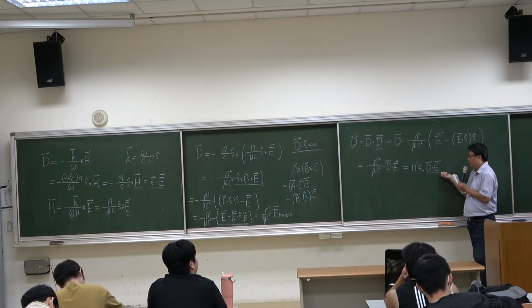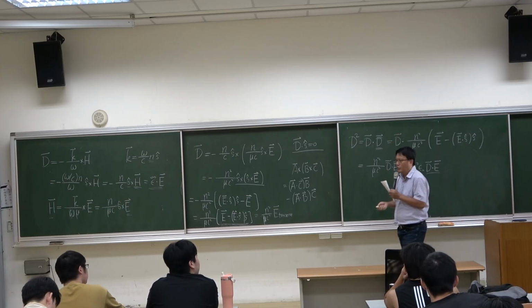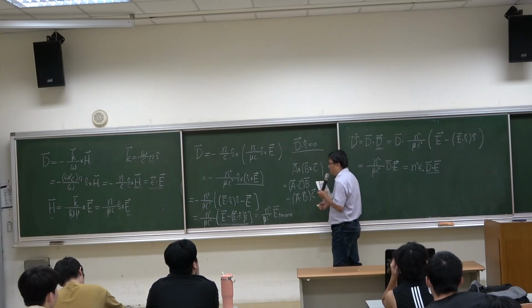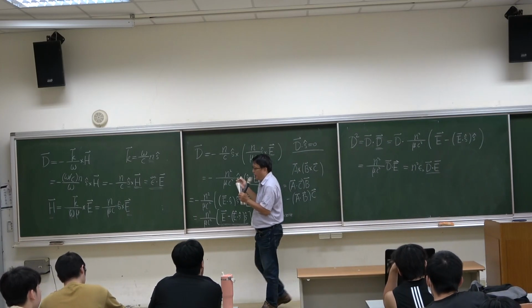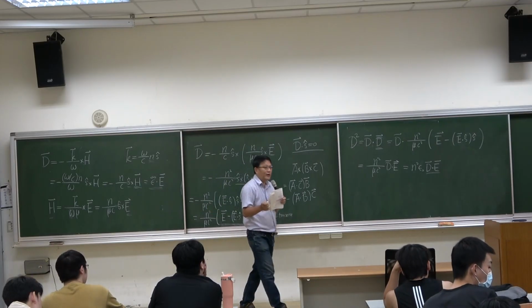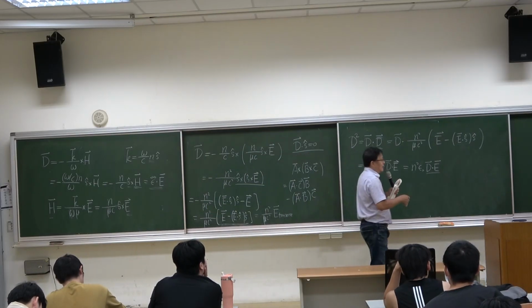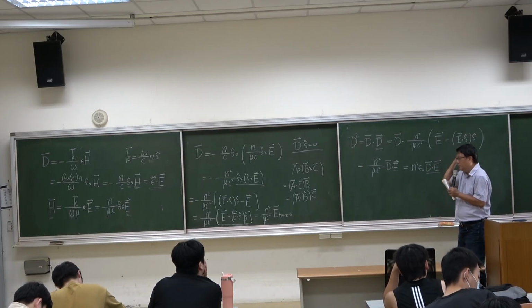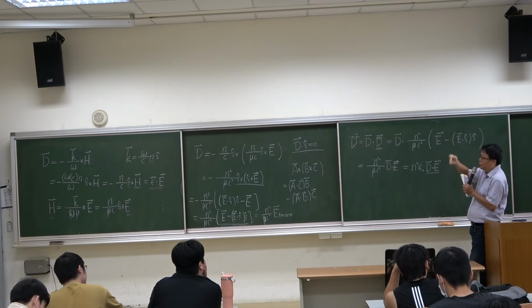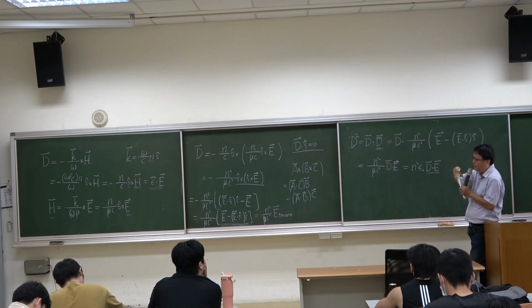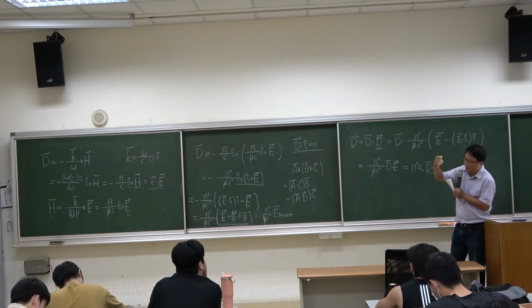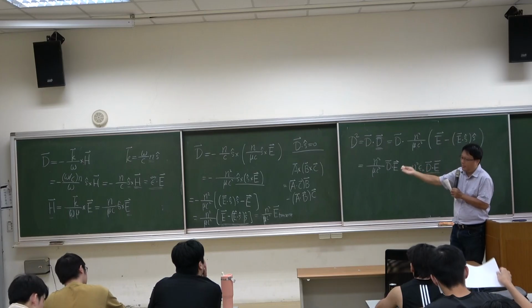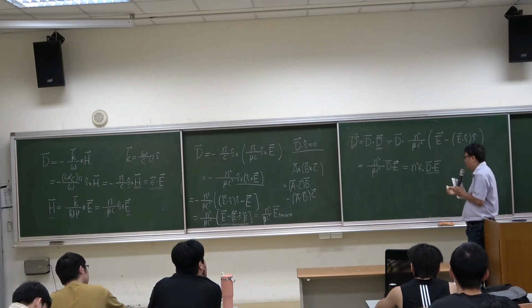What is D dot E? 1/2 D dot E is the electric field energy density. Okay, and in one period, the electromagnetic field transforms from electric to magnetic and back and forth.